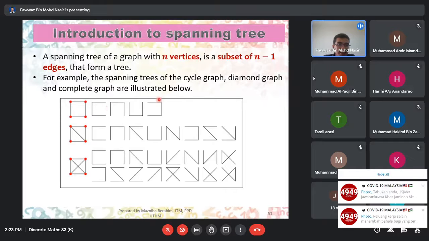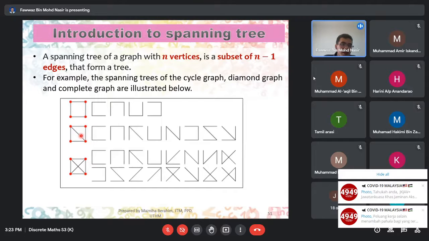So kita just list down all the possible tree yang kita boleh dapat daripada this graph. Okay, based on kita cari the combination of 3 edges from this graph. Okay, sama juga untuk ini.